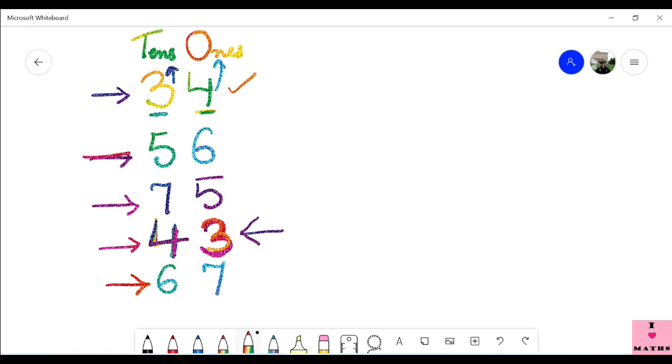Now look at this number 56 and this number 75. Children, in the number 56, the digit 5 is at tens place and that is the reason when we read this number, we read 50, 56, and in the number 75, the digit 5 is at ones place.